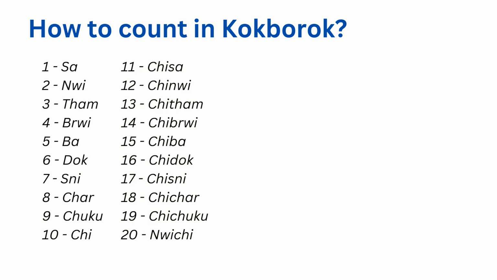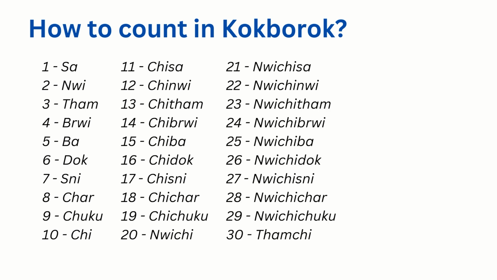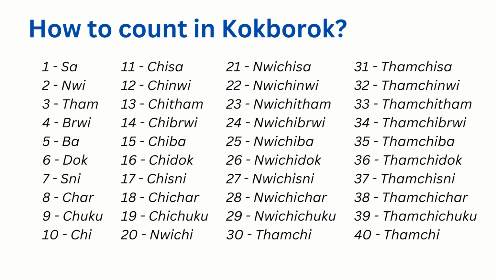And these are the Kokborok terms for the next 10 numbers. And again, these are the Kokborok terms for numbers till 30, and this is still 40. So it goes on till infinity. But can we remember all these numbers by heart individually?